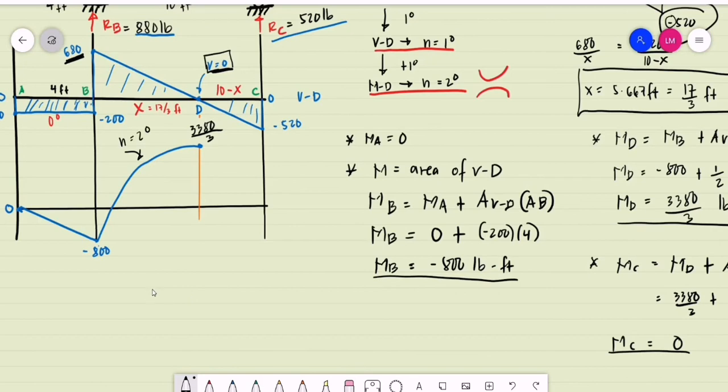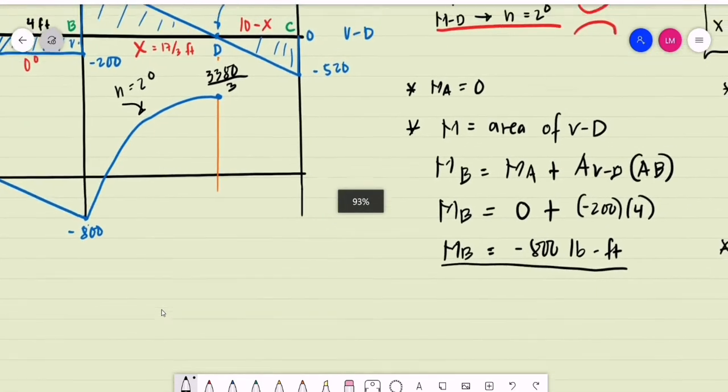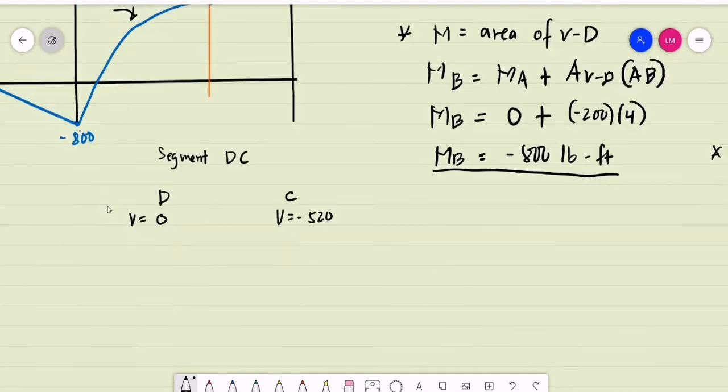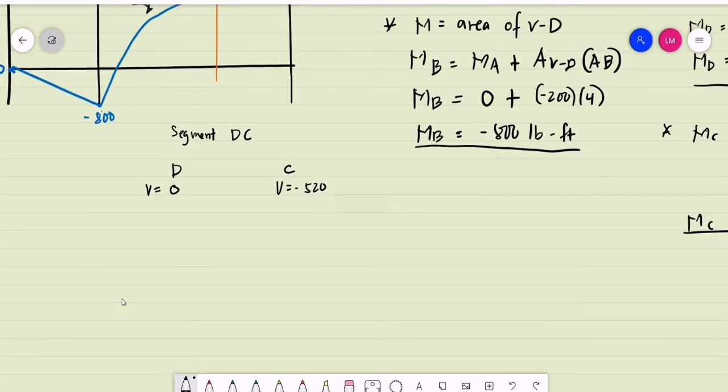We are to consider the values of the shear from point D to point C. So this is for segment DC. At point D, what is the magnitude of the shear? The magnitude of the shear at point D is 0. At point C, what is the magnitude of the shear? It is negative 520. How do we write our tangent lines? At point D, the line with a zero slope is basically a horizontal line.